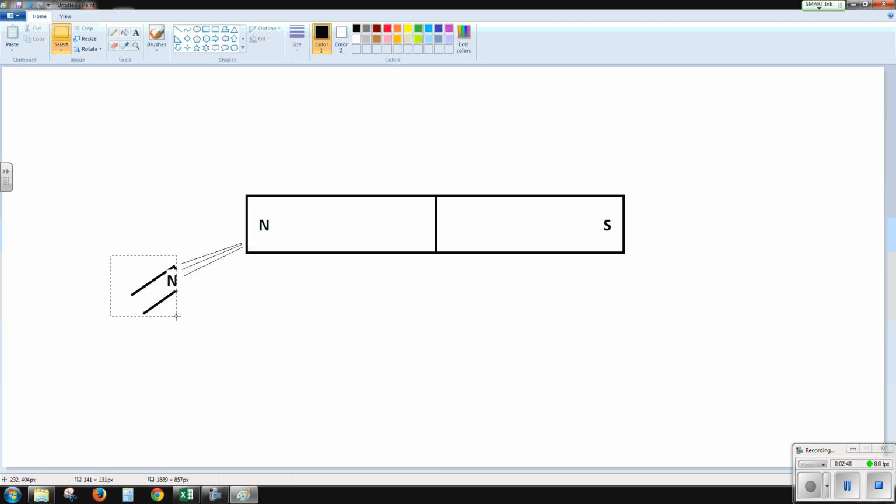So if I take this north portion of a full magnet and I move it closer, then you see that the force would be stronger because it's actually a higher concentration of lines.